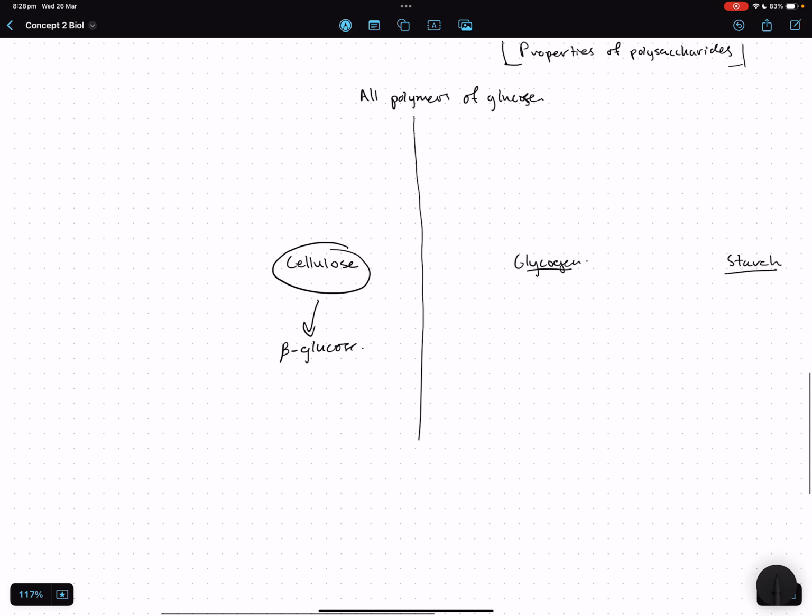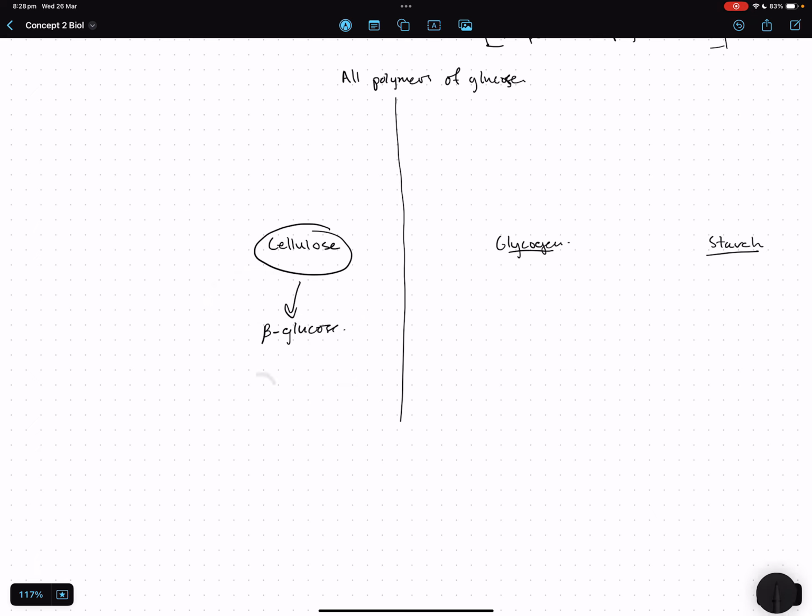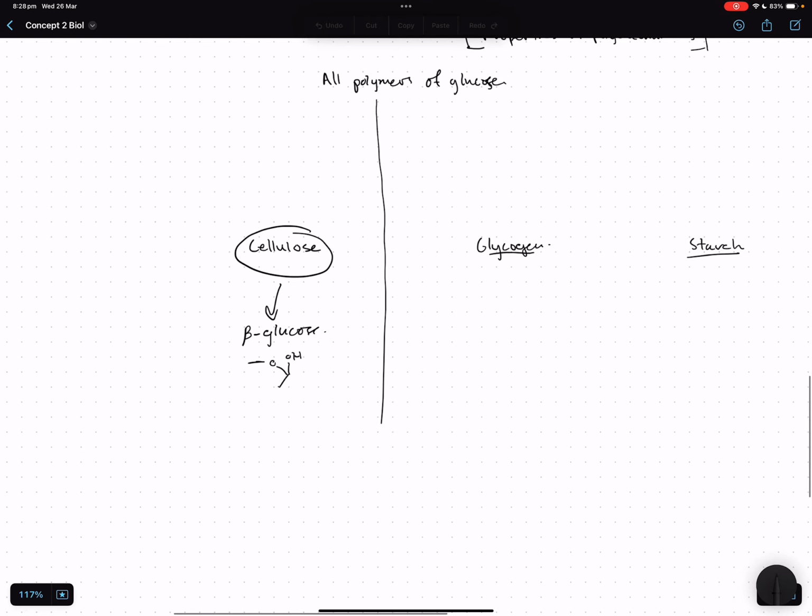The difference is that it's a structure that looks like this. There is a hydroxyl group here. That's very important, and it's placed on the opposite side of the ring in alpha glucose. It looks different.